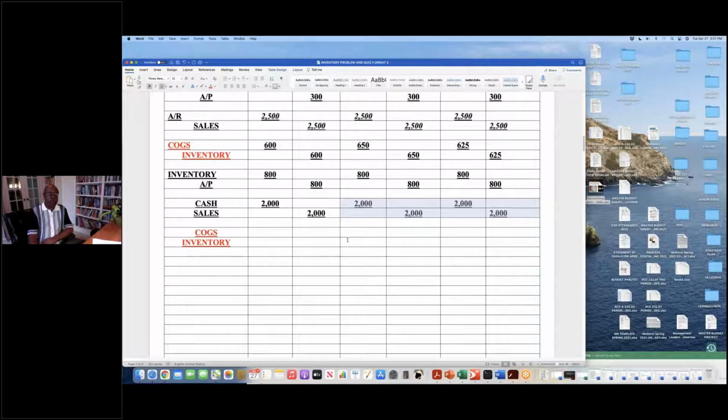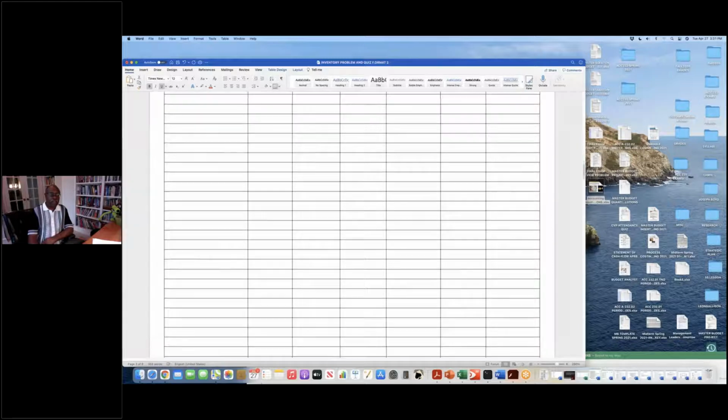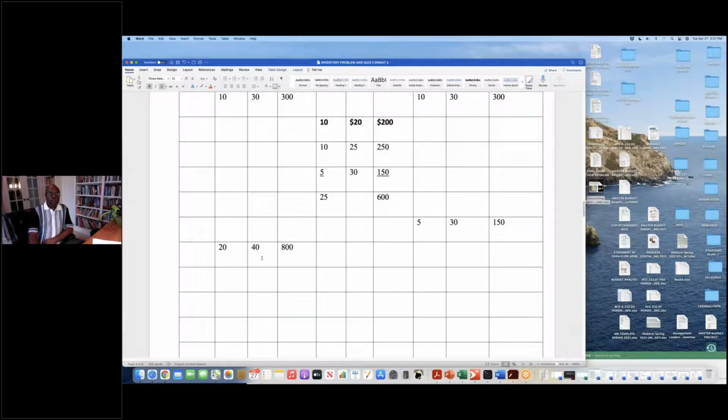So let's go. I think we have it in. We have our new 20 in here at 40 for 800. So we copy them and paste them over here. So we got 5 at 30 and 20 at 40.